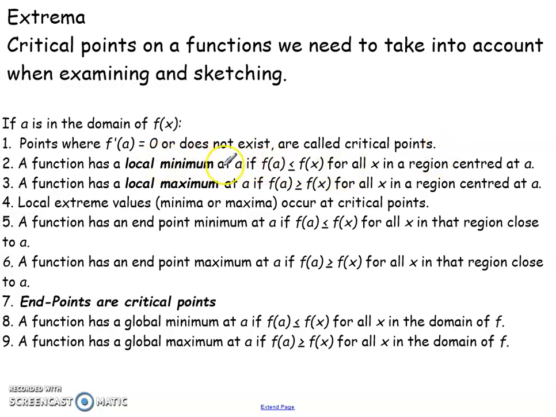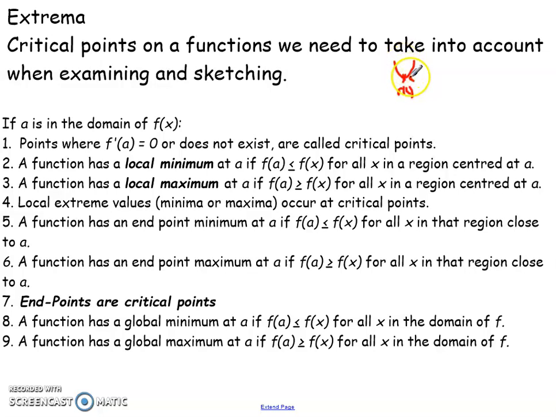Now a function has a local minimum at some point A if f of a is less than or equal to f of x for all x in that region centred at A. So what that means, if you imagine looking at a sketch of that one, if I take my point being there of A, I can calculate f of a at that point and get a value.